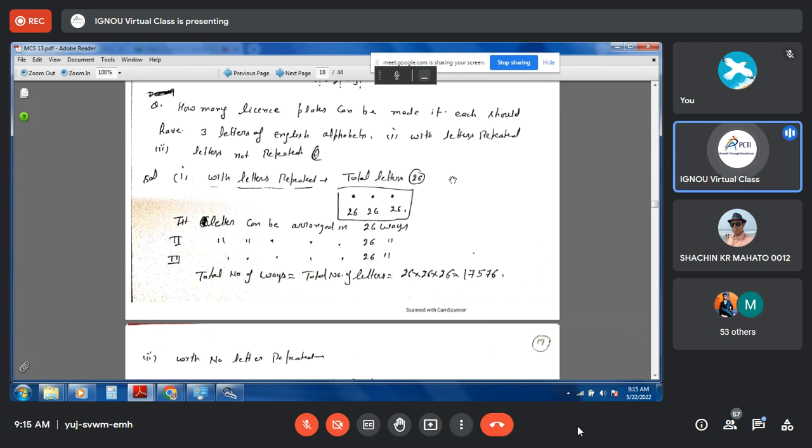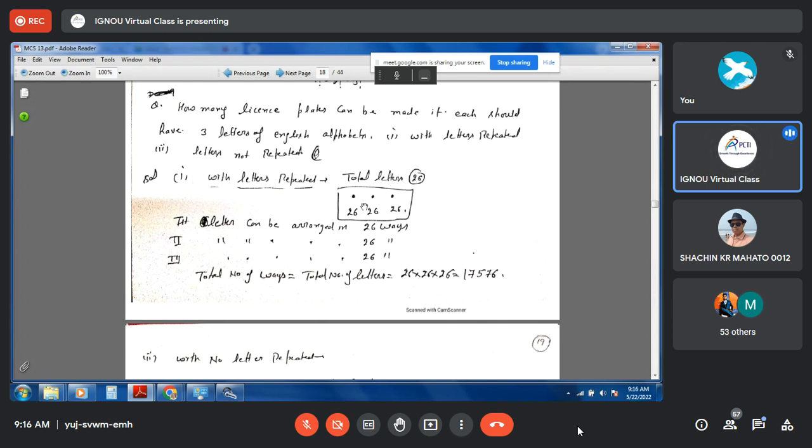But sometimes you see AAP, where A is repeated, or you can say B is repeated 3 times. So there are two conditions, letters repeated or not repeated. Here is a rough diagram. These are the three locations of English alphabets. There are a total of 26 English alphabets.